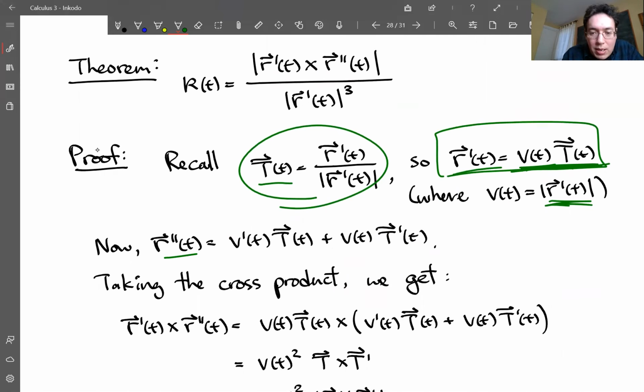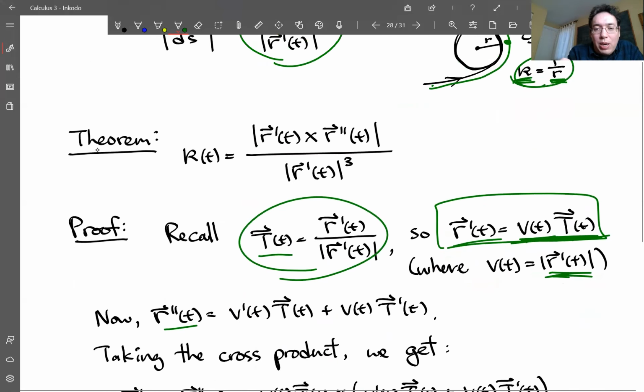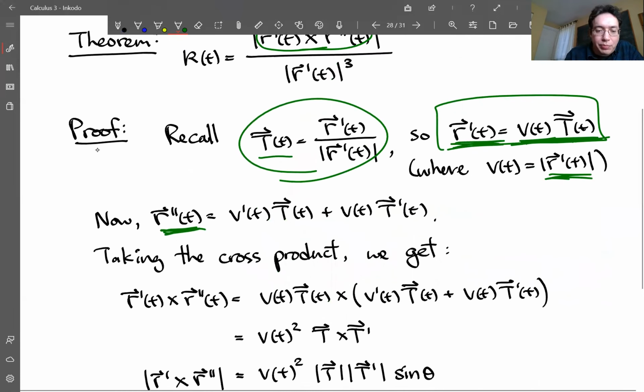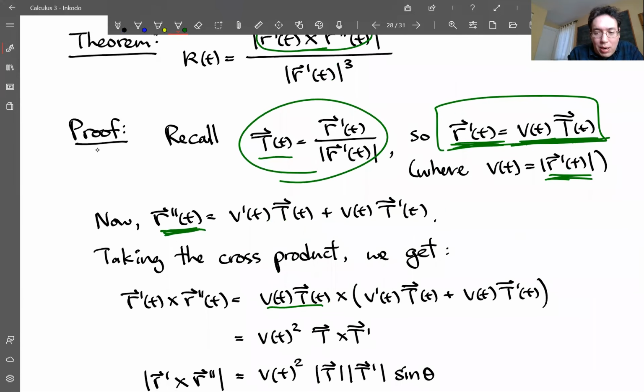Okay. So we take the derivative, and then we're going to compute the numerator part here. So we already wrote down what r prime is. We know what r double prime looks like. So let's see what the cross product would look like. So this is the r prime.